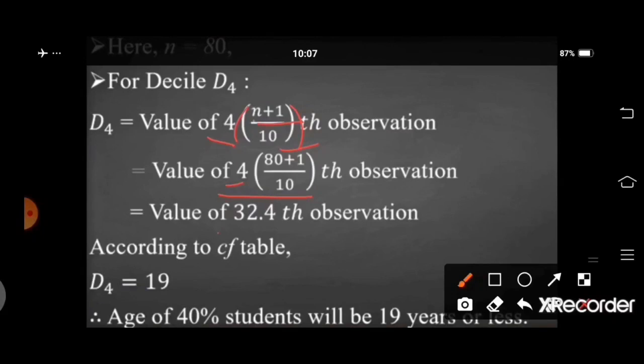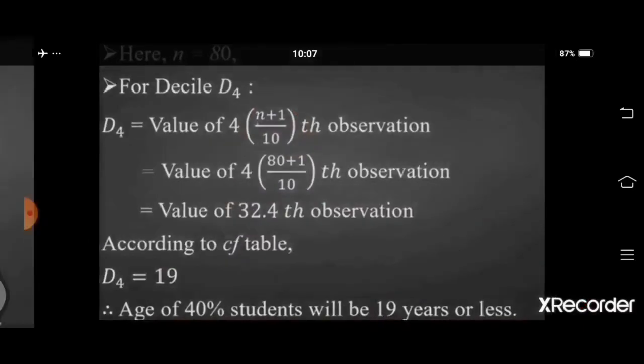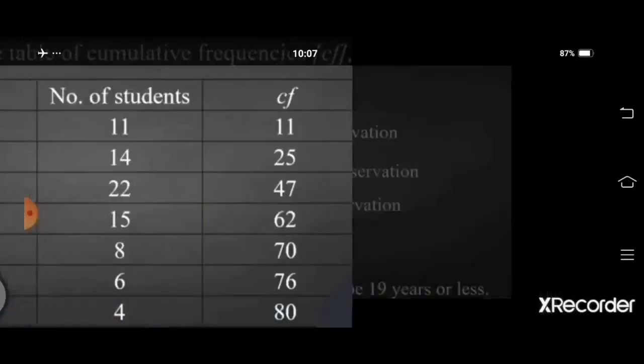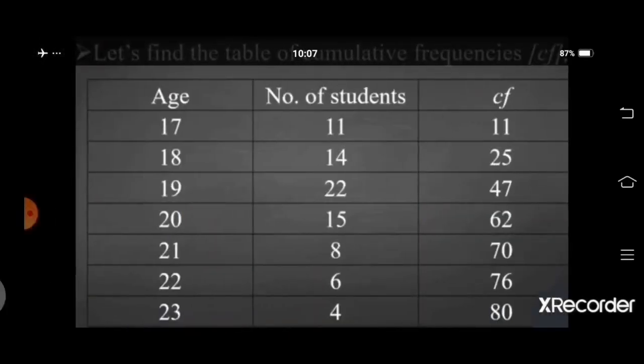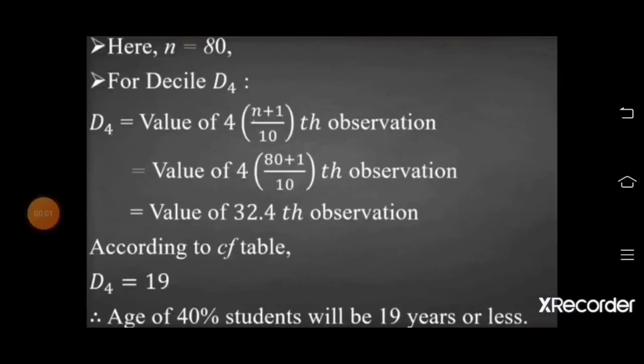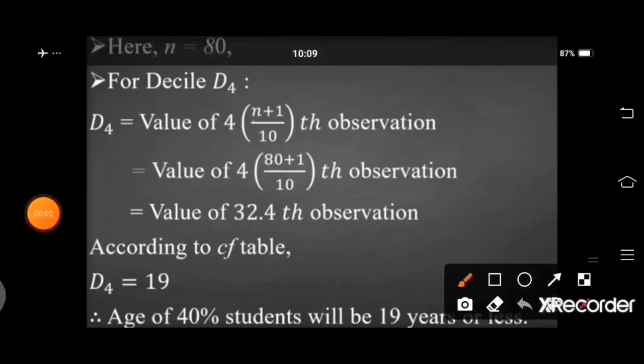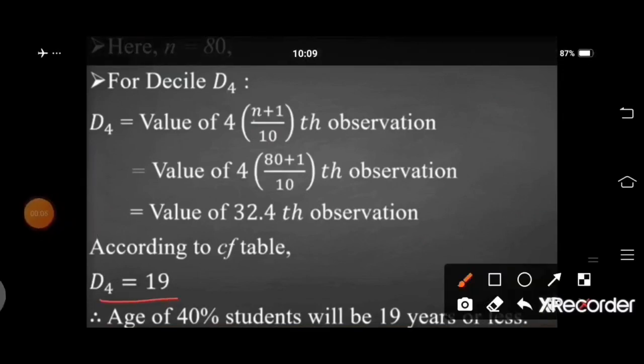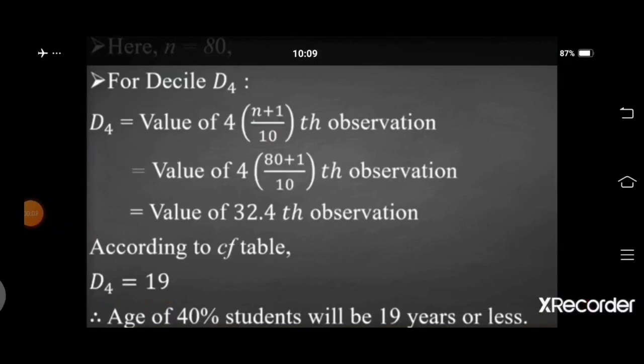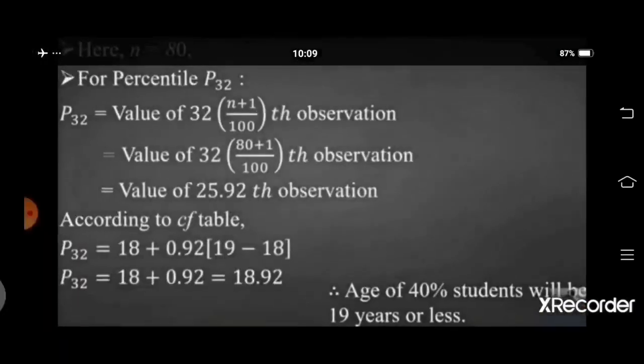We will find the 32.4th observation according to the CF table. D4 equal to 19. So age of 40% students will be 19 years or less.